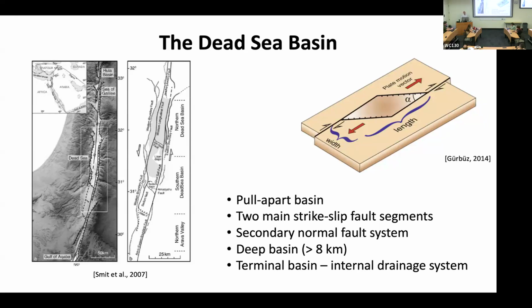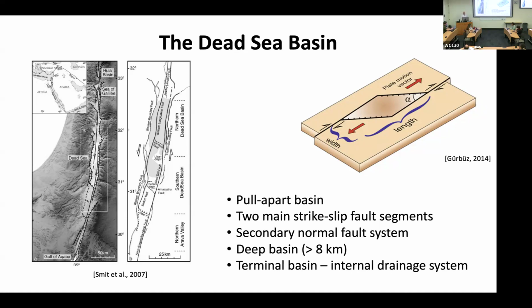Now we go to the Dead Sea Basin, which is the Dead Sea. If you didn't know, it's the lowest place on continental Earth. Its depth is 400 meters below sea level, but it keeps increasing because there is a lot of water loss over there.